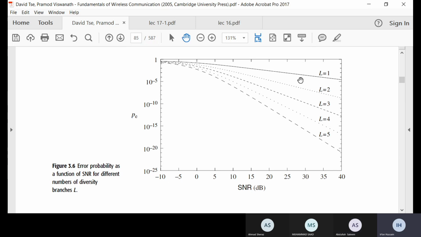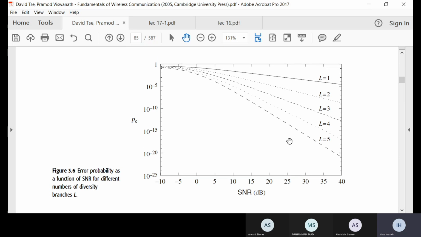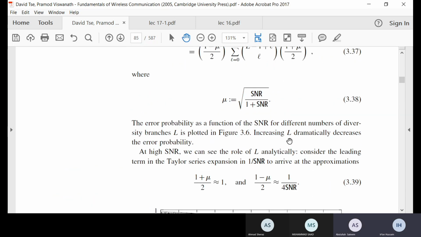Or if you take one value of L and increase the signal to noise ratio, we know the error will definitely decrease, but by having multiple diverse branches or diversity paths, you can see the error probability is decreasing further. Now there are some approximations to this complex formula, and let us see those.